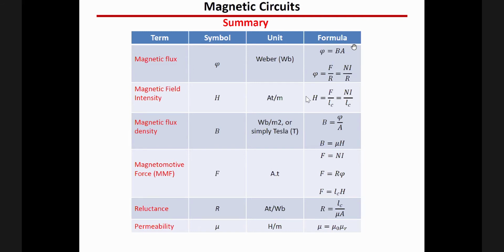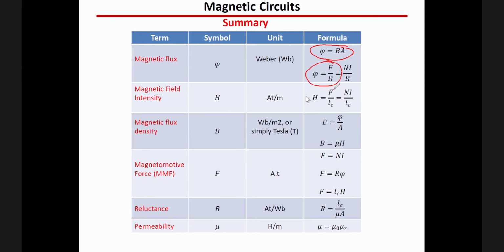We discussed, for example, that flux is equal to B multiplied by A, where B is the magnetic flux density and A is the cross-sectional area. Flux is also F divided by R, where F is the MMF and R is the reluctance.